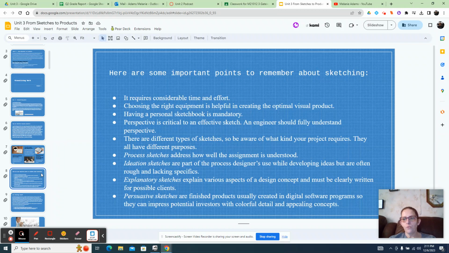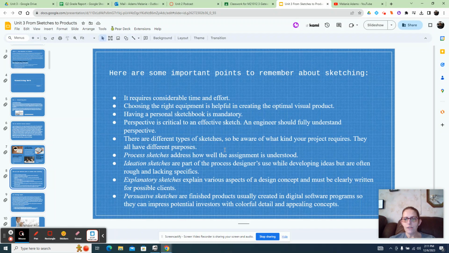If you want to really sketch a lot, we know those artists that sketch a lot have their own sketchbook. Perspective is critical to an effective sketch. That is true. Engineers usually use a specific perspective when they sketch. It's called isometric sketches.